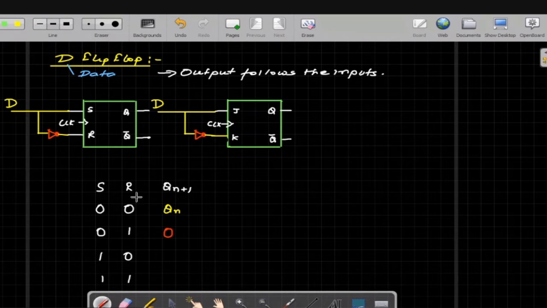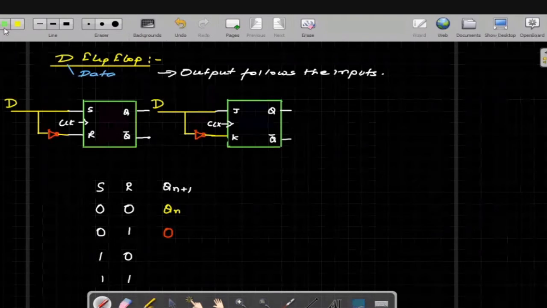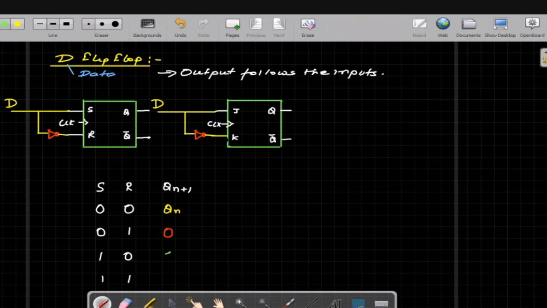When S is equal to 1 and R is equal to 0, this corresponds to set, which means 1. And when both are 1 1, this is the invalid state. And this invalid state becomes the toggle state when we use the JK flip-flop. You remember it or not?